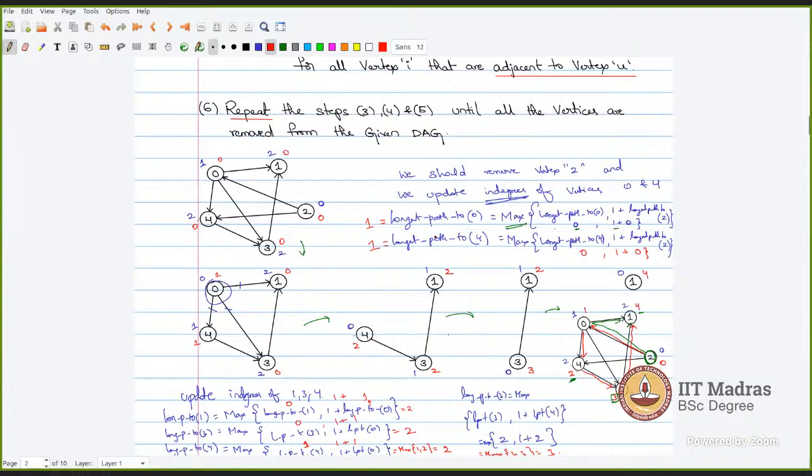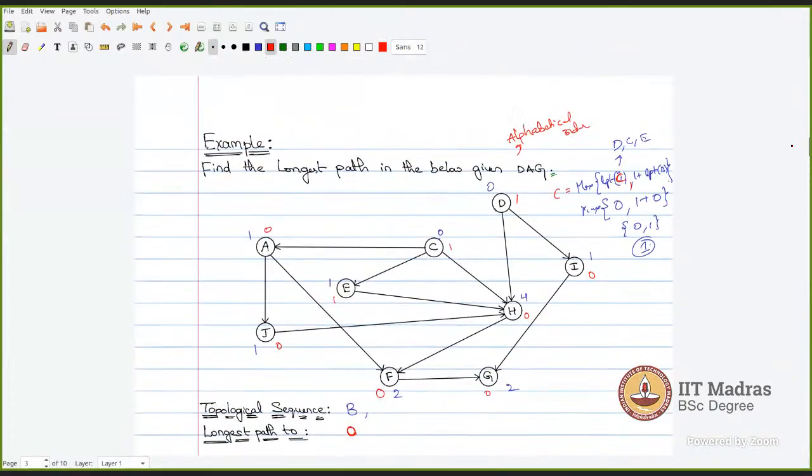That will be updated as the longest path to 0, which is the neighbor or adjacent to the vertex which we removed. Even here, the vertex which we removed is B, and E, C, D are adjacent to B. So we update the longest path to C, D, and E. The longest path to C is the max of the previous value, or 1 plus the longest path of the vertex which we removed just now.